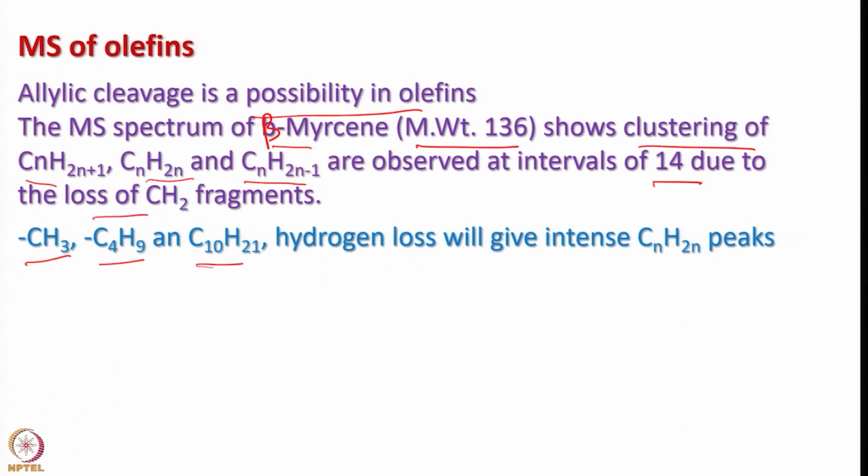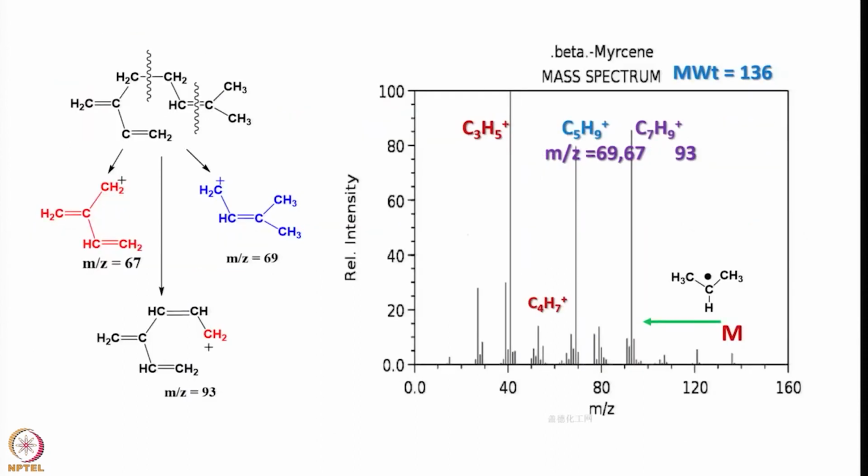When hydrogen loss is there, it will give an intense peak of molecular mass CnH2n. One such example is given here for beta myrcene, molecular weight 136.